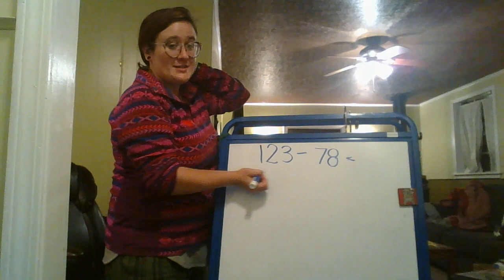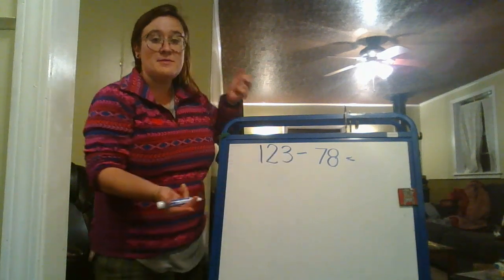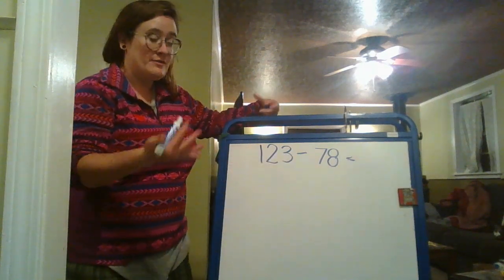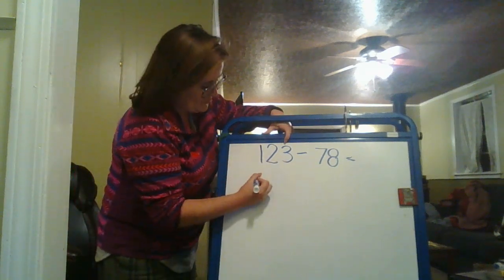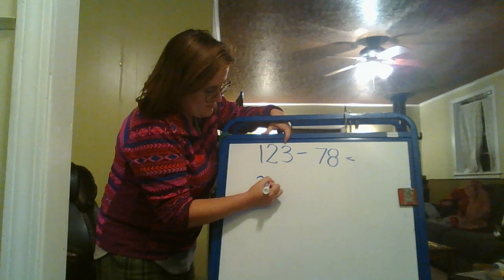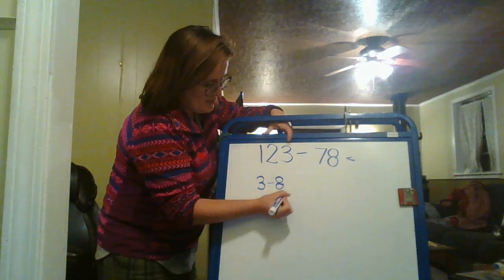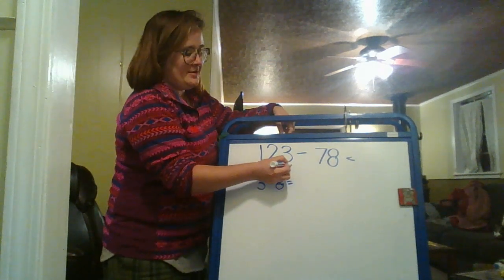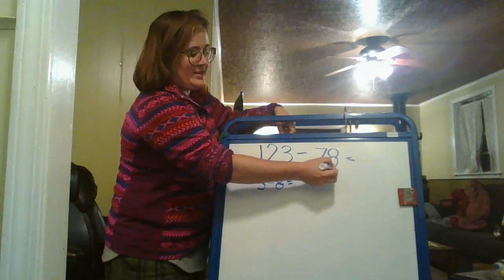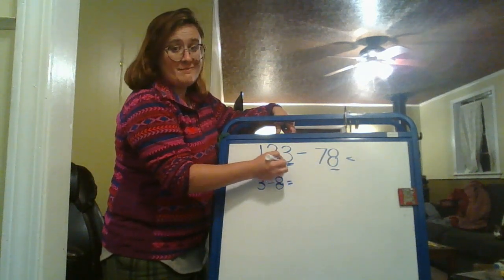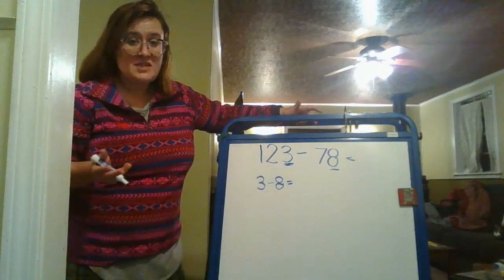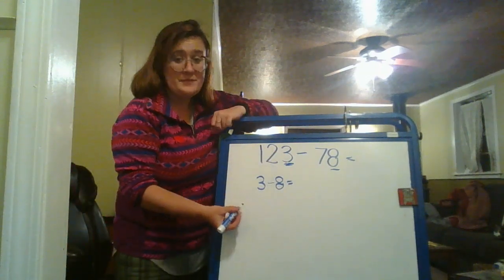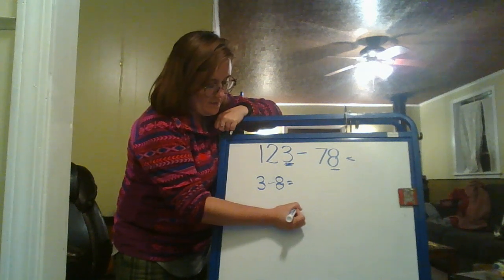This number is larger, but watch what happens when I use my break apart strategy that we're familiar with. I'm going to start with my ones. 3 minus 8. I have to subtract 8 from 3. I can't flip it and say 8 minus 3 is 5. Doesn't work that way. Again, we can look at our number line, right?